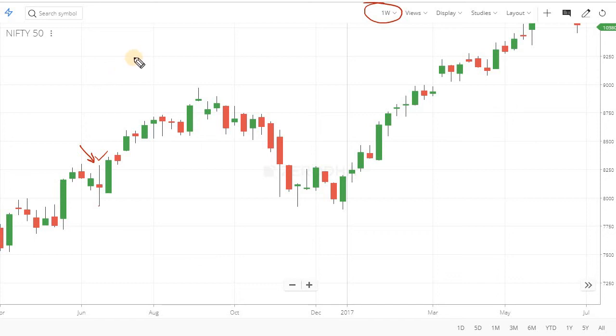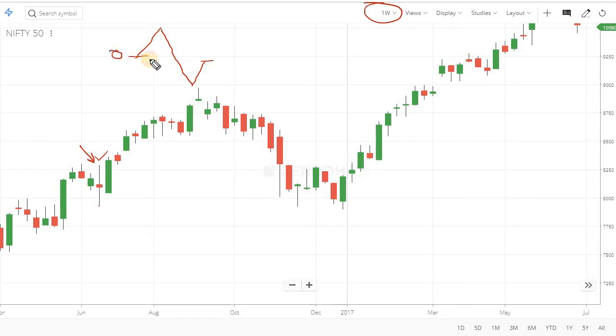On Monday morning of that week, price opened here, and till mid of that week, or on Monday, Tuesday, whatever, price went all the way up till this point. Then selling started and price came all the way down. Then on the last day or the day previous to the last day of that week, the fourth or fifth day, again bulls came in and buying started in that counter and price went all the way up and closed here.